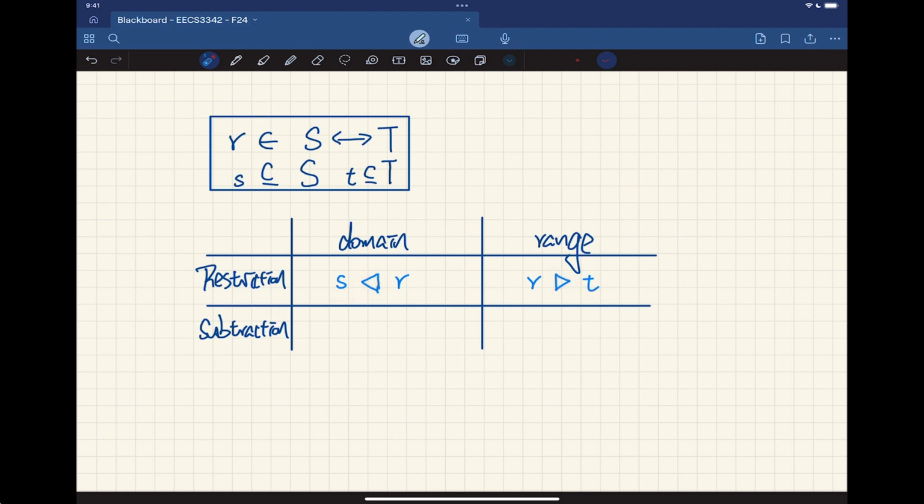Okay? Now, what about subtraction? Just put a minus sign. It's going to be a triangle again, but with a minus here. A triangle here, but with a minus here. And then domain subtracted by certain set, and also range subtracted by some range set.